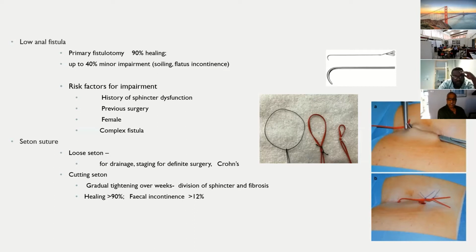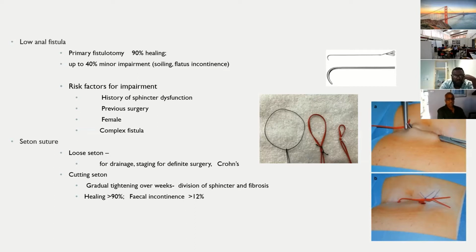Seton suture comes to help you in various situations. In the picture you see on the right hand side, the instrument has gone through the internal opening to the external opening, and a piece of vessel loop is brought out and tied loosely around the fistula tract.